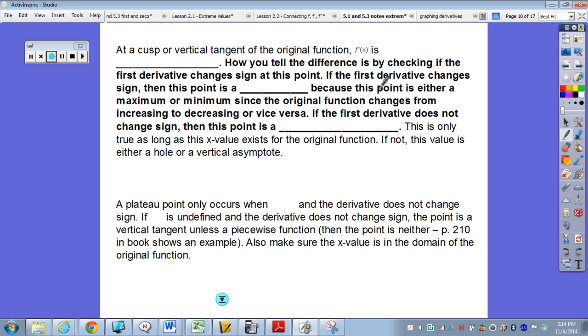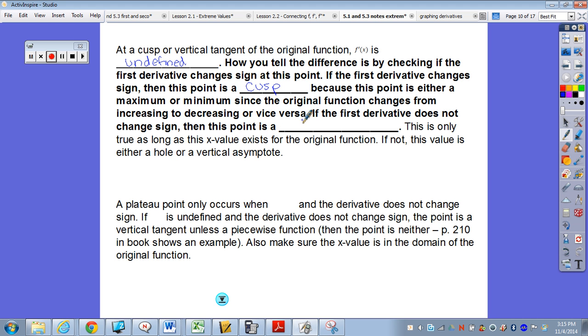So the key thing about a cusp or a vertical tangent is to recognize when they're different algebraically. So a cusp or a vertical tangent on the original function, for both of them, f prime is undefined. How you tell the difference is by checking if the first derivative changes sign at this point. If the first derivative changes sign, then the point is a cusp, because this point is either a max or a min, since the original function changes from increasing to decreasing, or vice versa.